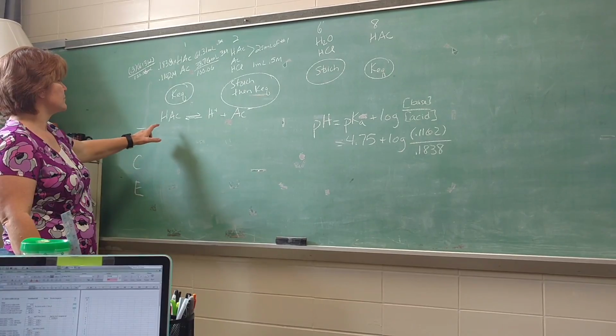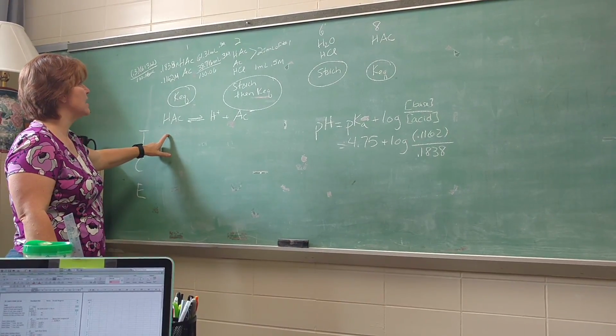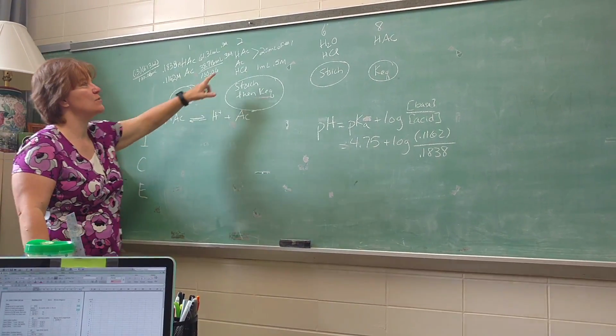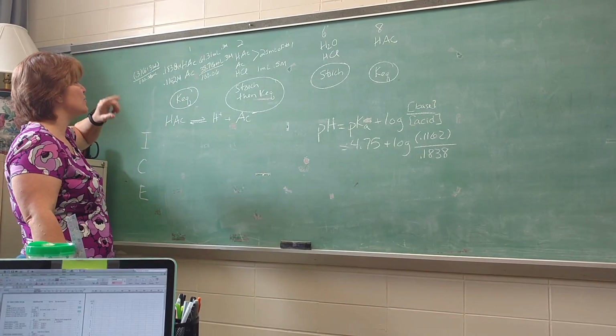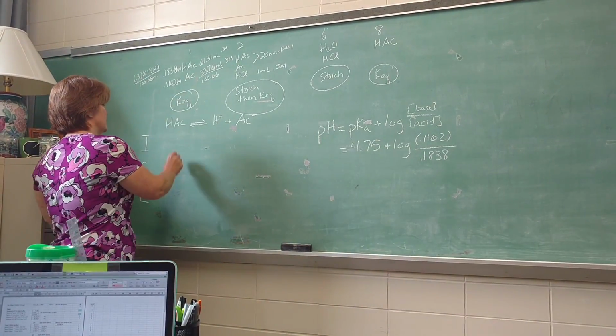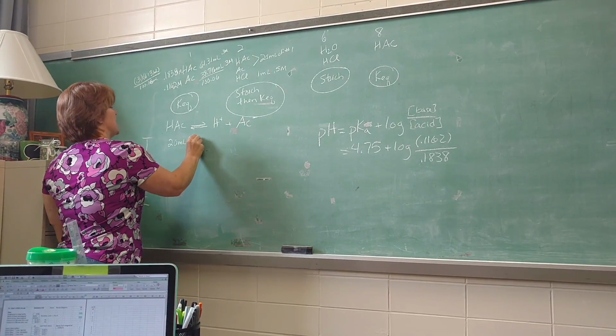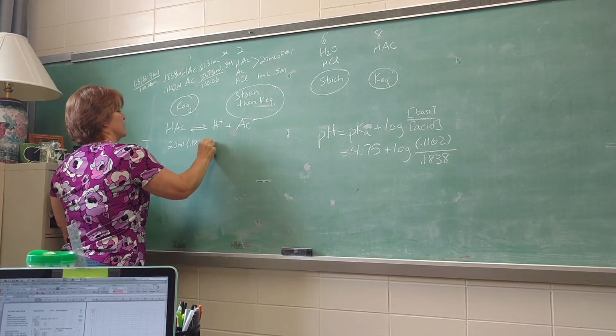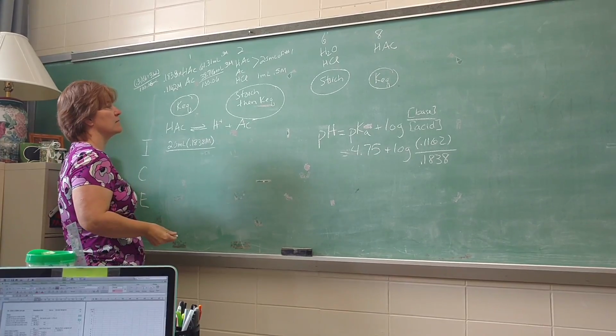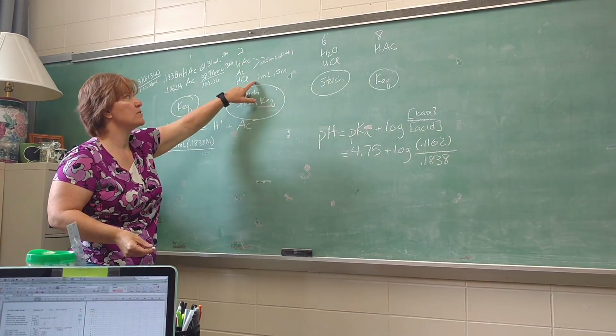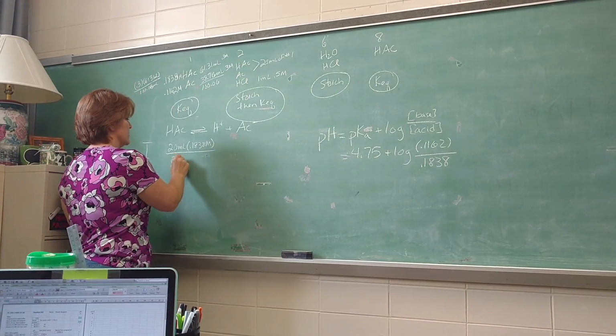So here, it gets a little ugly because I do another slight dilution. I took 20 milliliters of 0.1838 molar, but then I added 1 milliliter, so it's going to be in 21 milliliters.